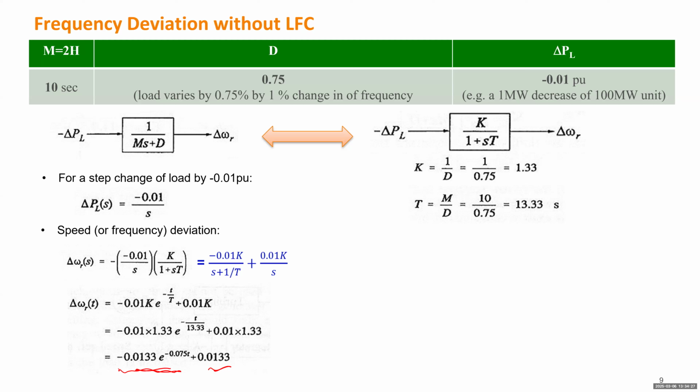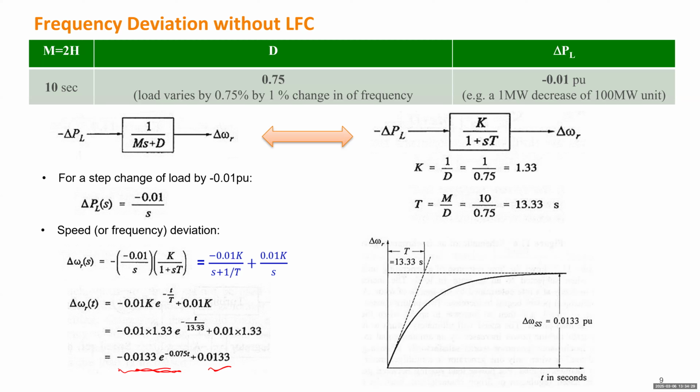If we draw the trajectory of the frequency deviation in the time domain, the frequency deviation will increase from 0 gradually until the final frequency deviation of 0.0133 per unit. Because frequency, or generator speed here, is a state variable, it cannot change instantaneously. So even if you add a step change on the load, the frequency will take some time to go to the steady state condition.